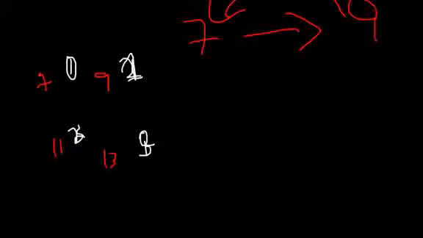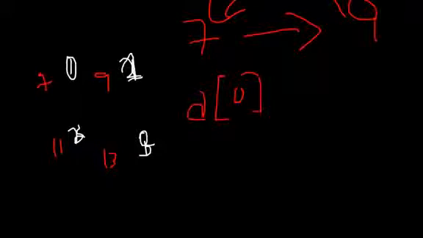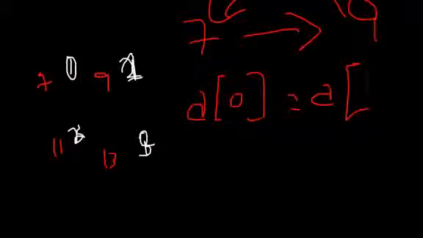Now, think of it this way. You can't just write A0 is equal to A1, and think that since 7 is at 0, 9 will go to 7.